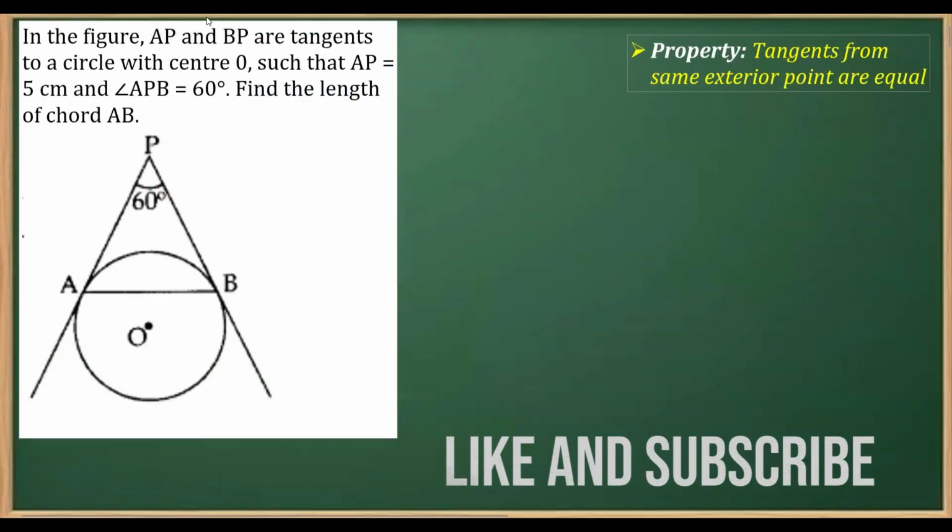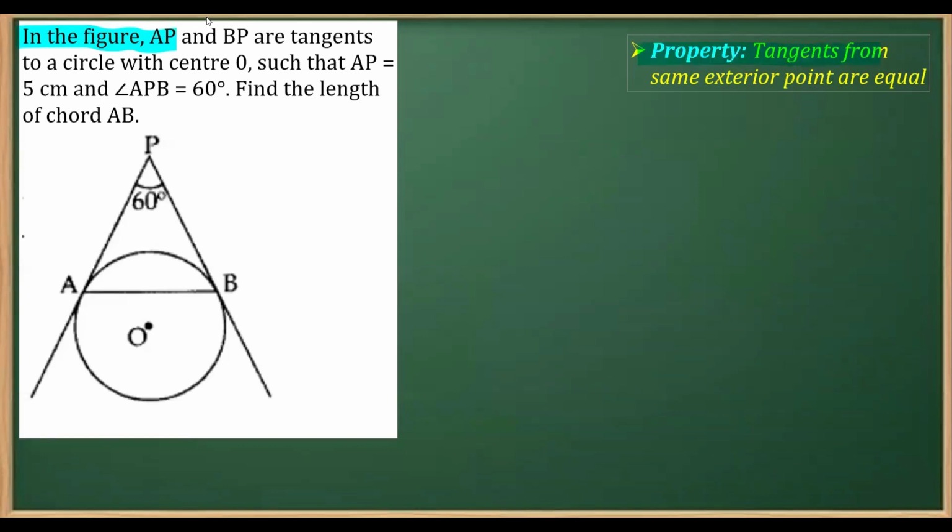Now, in the third question, you can see that in this figure, well, first of all, I'll tell you that this one is based on the property that tangents from same exterior point are equal in length. So we are given AP and BP. You can see that AP and BP are tangents drawn to this circle with center O such that AP is given as 5.